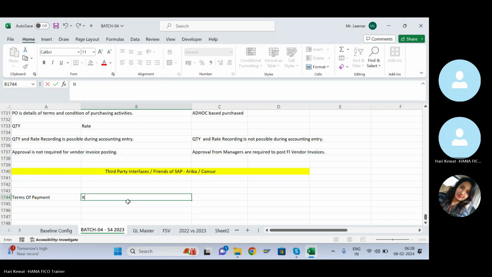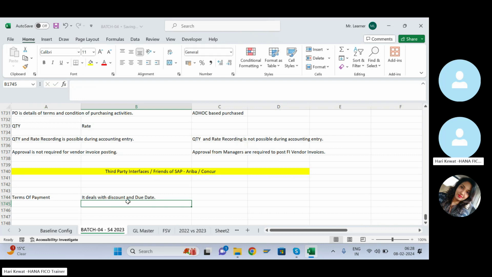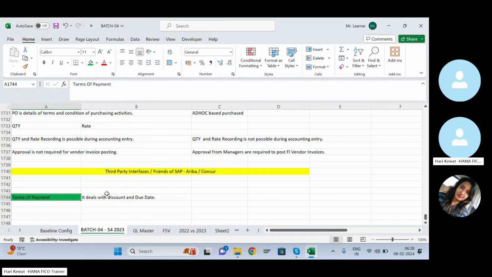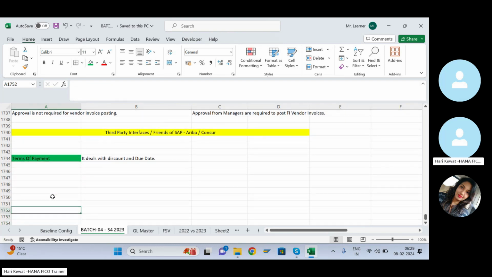So whenever you are purchasing from the vendor, what is the discount you'll get if you make the early payment, and if you are purchasing today, then when is the due date to make the payment. So you need to also understand about the terms of payment.